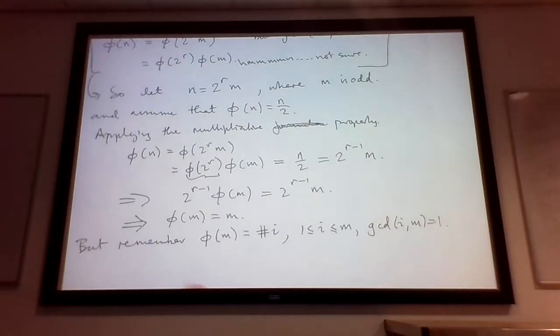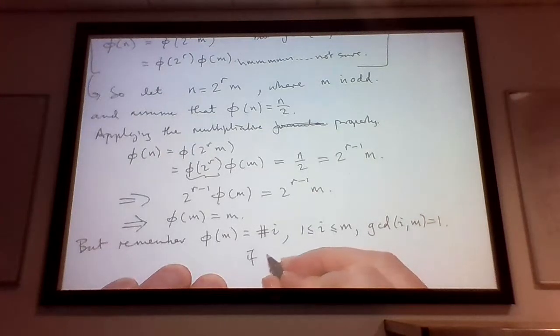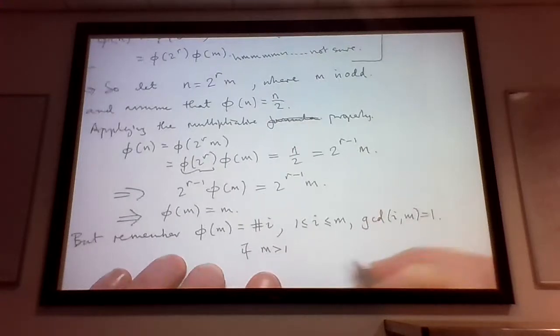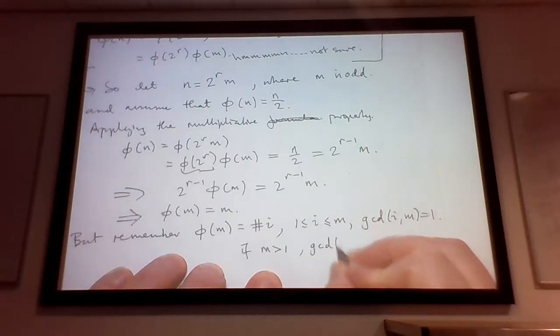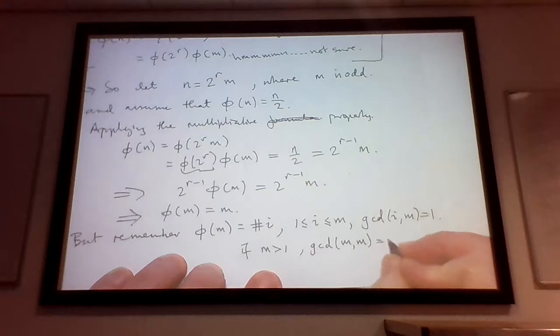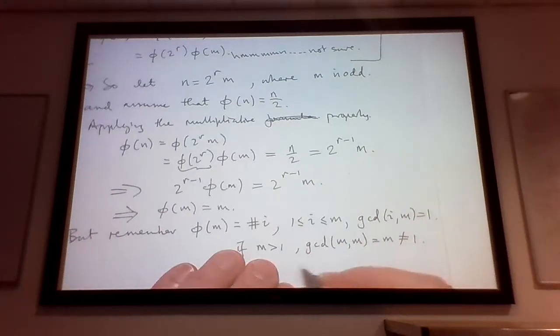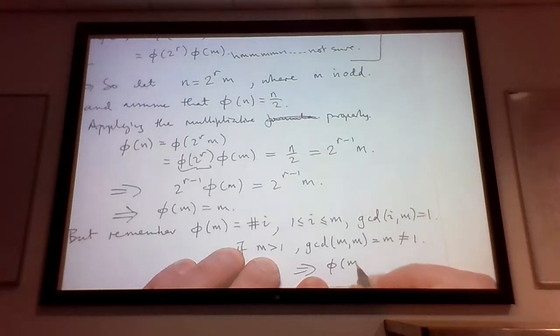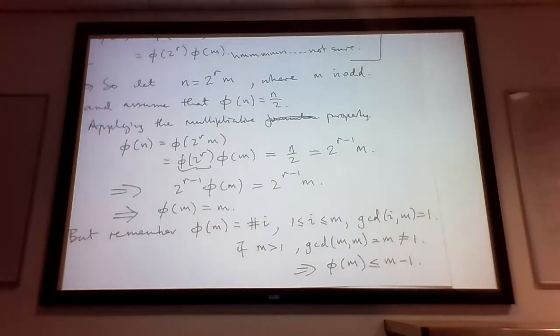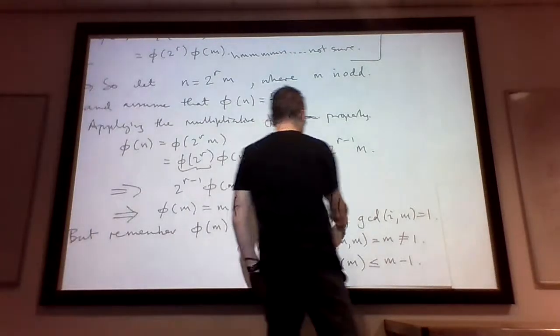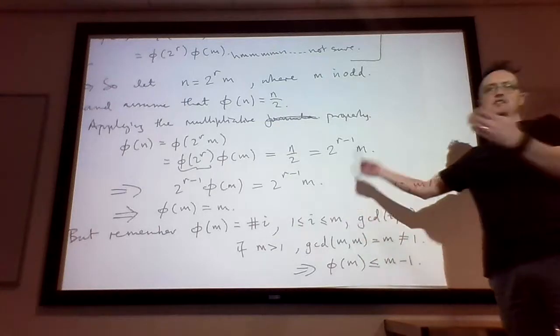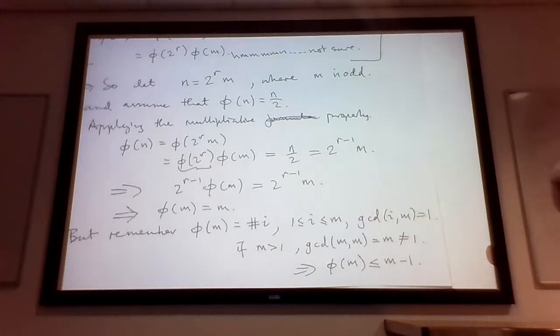Now, if m is strictly bigger than 1, then the GCD of m with m is m, which is not 1. So that means phi of m, the most it can be is m minus 1, because for all numbers bigger than 1, this last number, m itself, is not co-prime to itself. Because it shares the factor, the GCD of m with m is m.